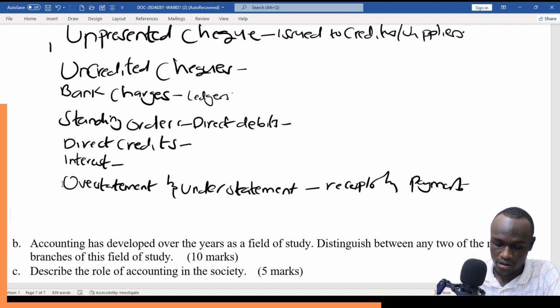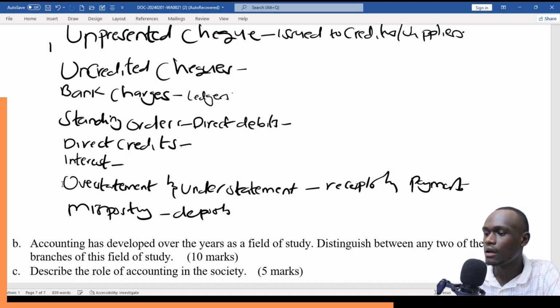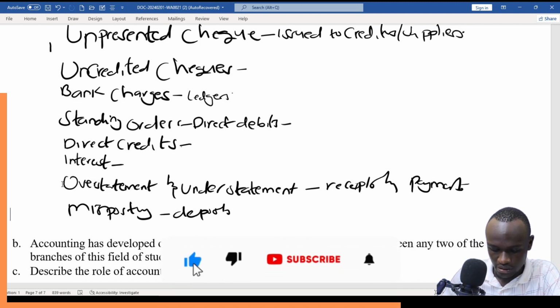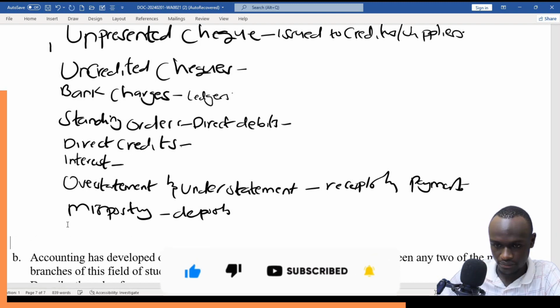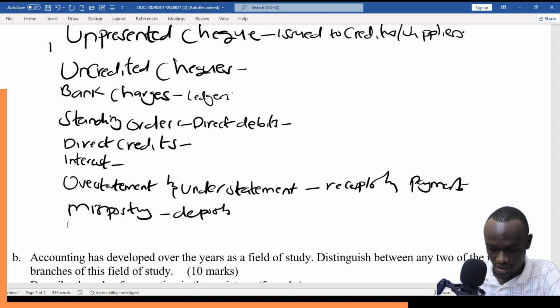Another error made when entering amounts in the cash book can be misposting deposits and receipts, deposits and payments, or deposits and receipts. Another error can be overcasting or undercasting the balance carried down in the cash book.